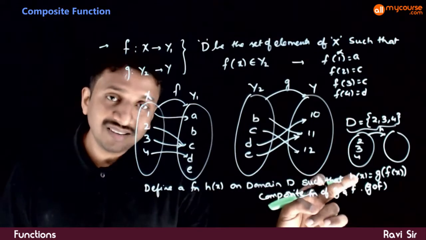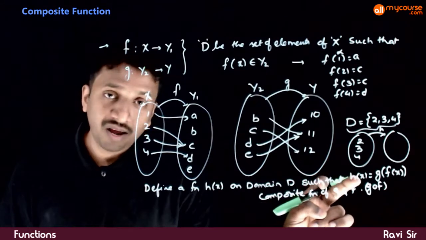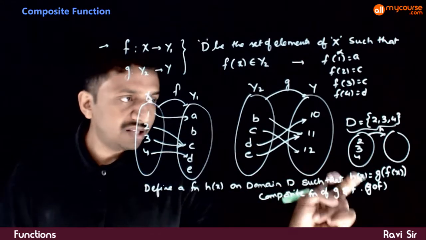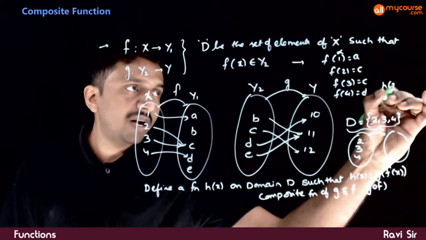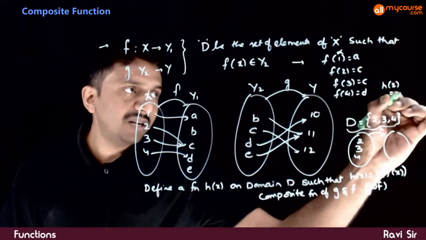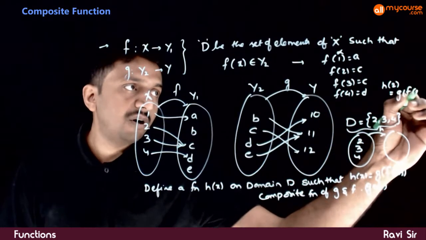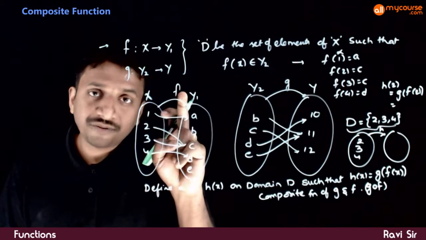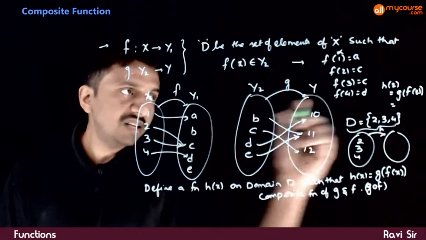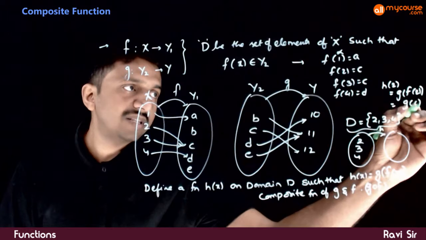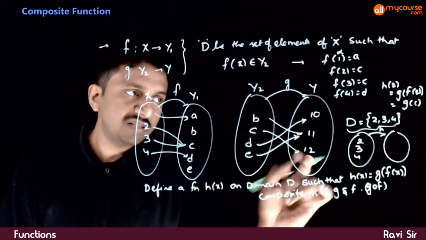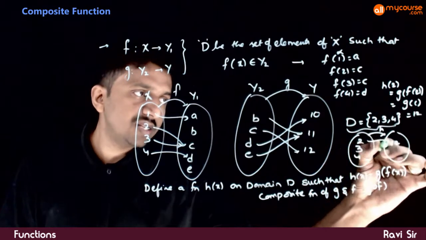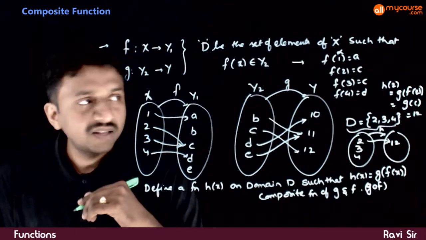And now what is the image of an element by the function h? h of 2 is nothing but g of f of 2. What is f of 2? f of 2 is c. That is g of c, and g of c is 12. That is, 2 is related to 12.